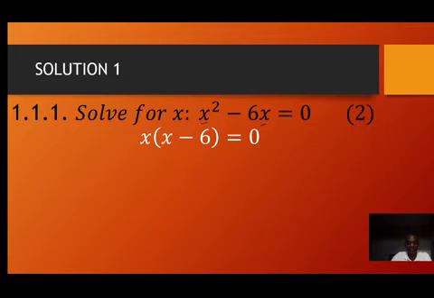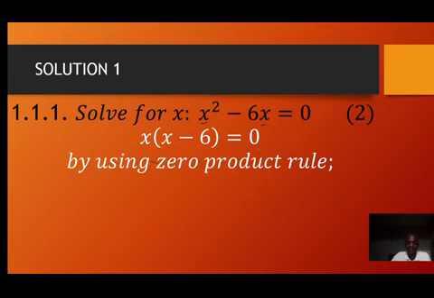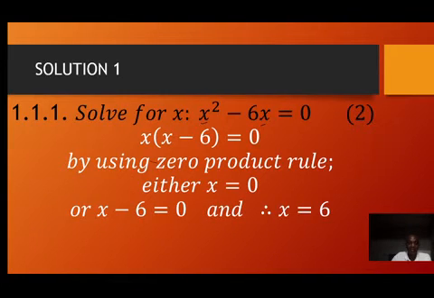Because we are multiplying to get 0, by the zero product rule, it means either x equals 0, or x minus 6 equals 0, and in this particular case this 6 is negative, so it becomes positive. That's why I have here x equals 6. That was the first part of question 1.1.1. Let us proceed. I hope we are together.